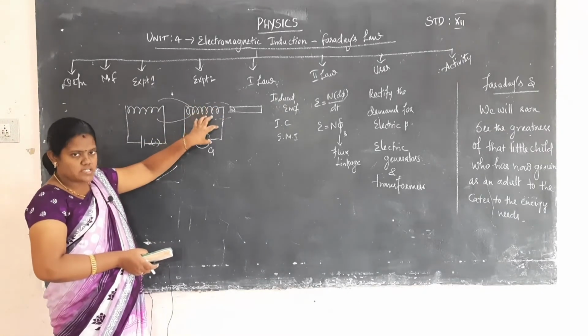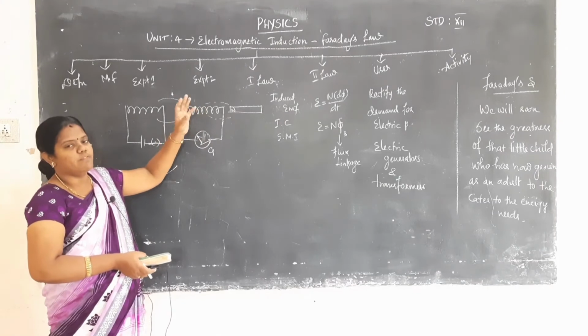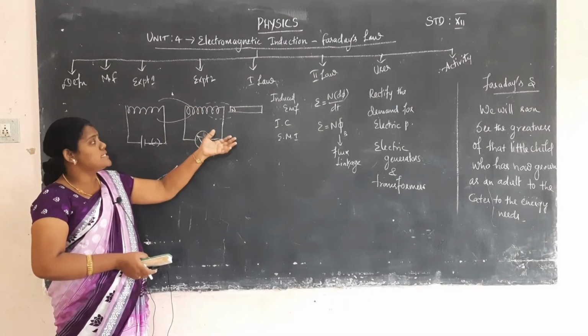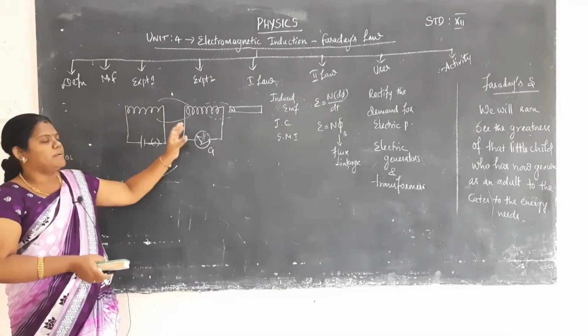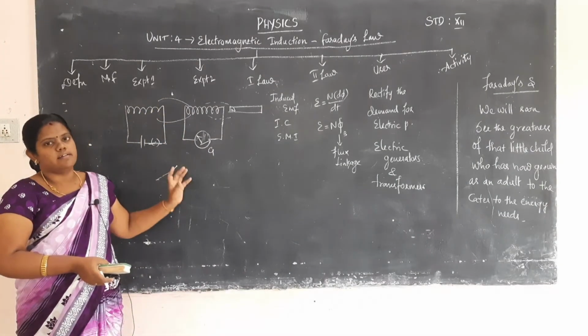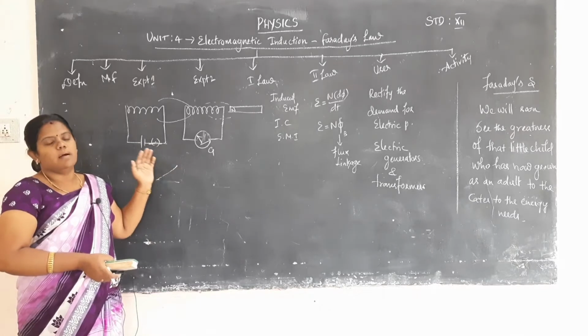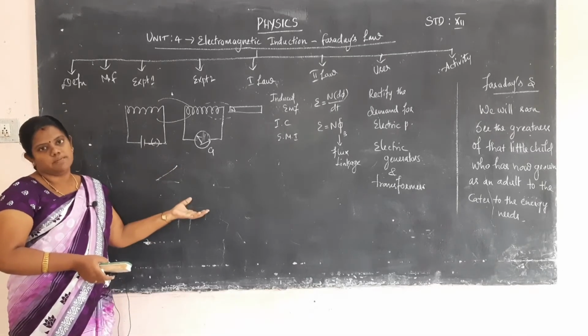It keeps changing because the current increases. The magnetic flux lines increase and continuously change with the second coil. So the second coil definitely creates a current, and that current shows a deflection in the galvanometer.